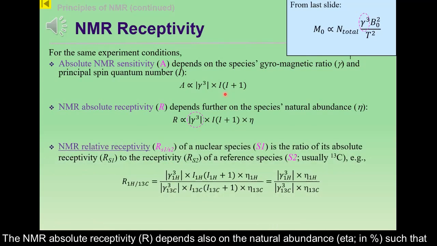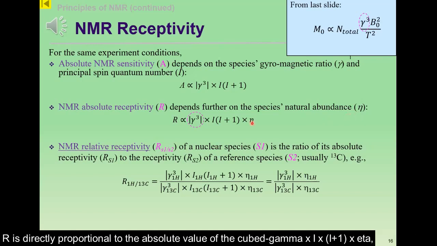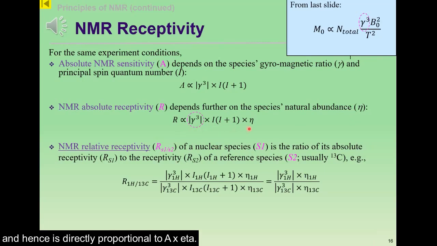The NMR absolute receptivity R depends also on the natural abundance, eta, in percentage, such that R is directly proportional to the absolute value of cubed gamma times I times I plus 1 times eta, and hence is directly proportional to A times eta.